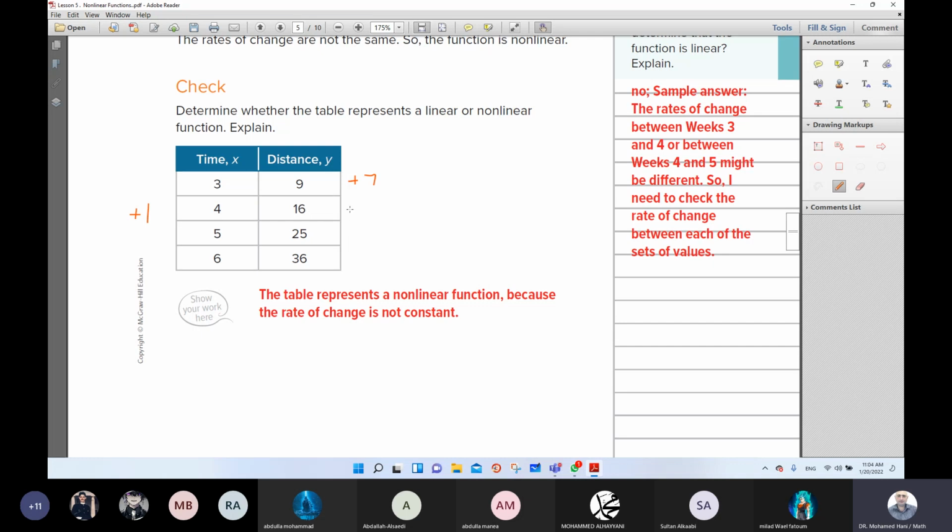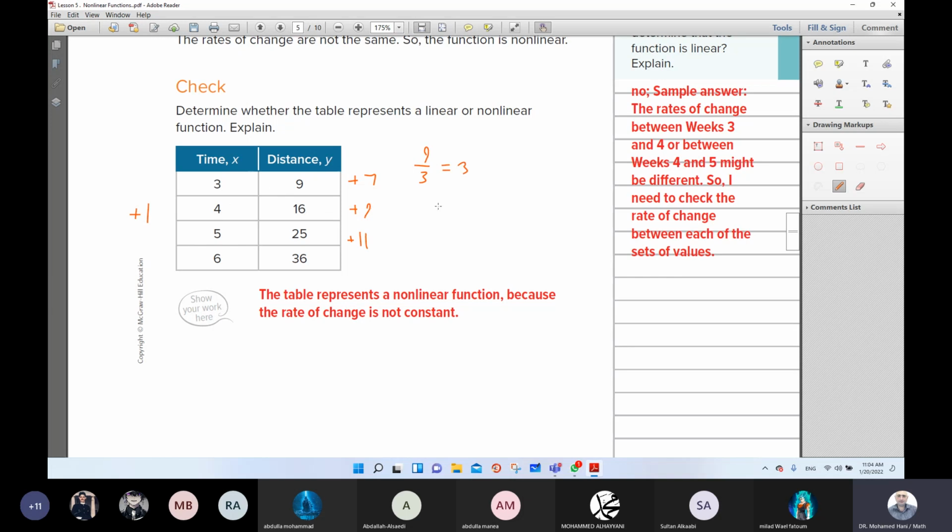From 16 to 25, you can add 9. From 25 to 36, you can add 11. So as you see, if you want to find the slope here, 9 over 3 equals 3.